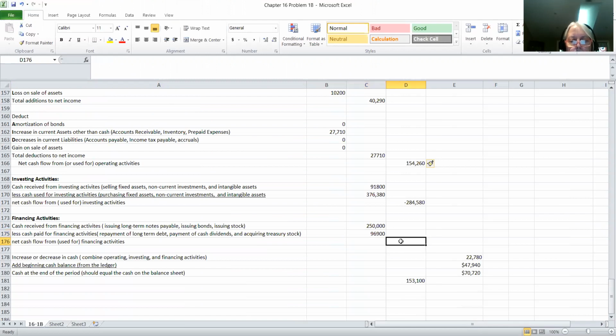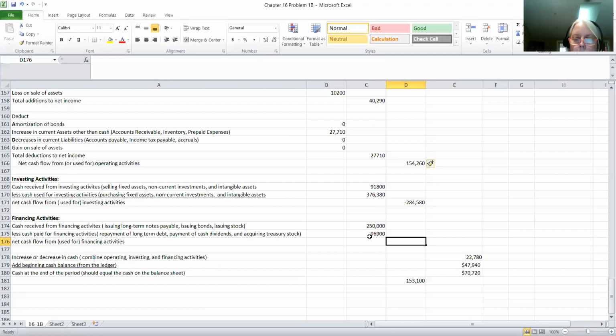The next thing that you would need to determine is whether there is a net cash flow from financing activities or a net cash used from financing activities.